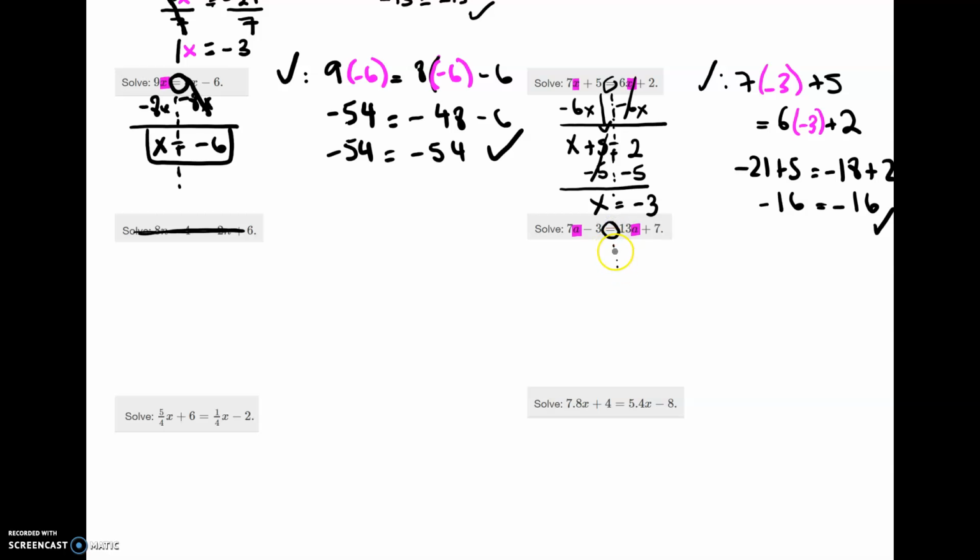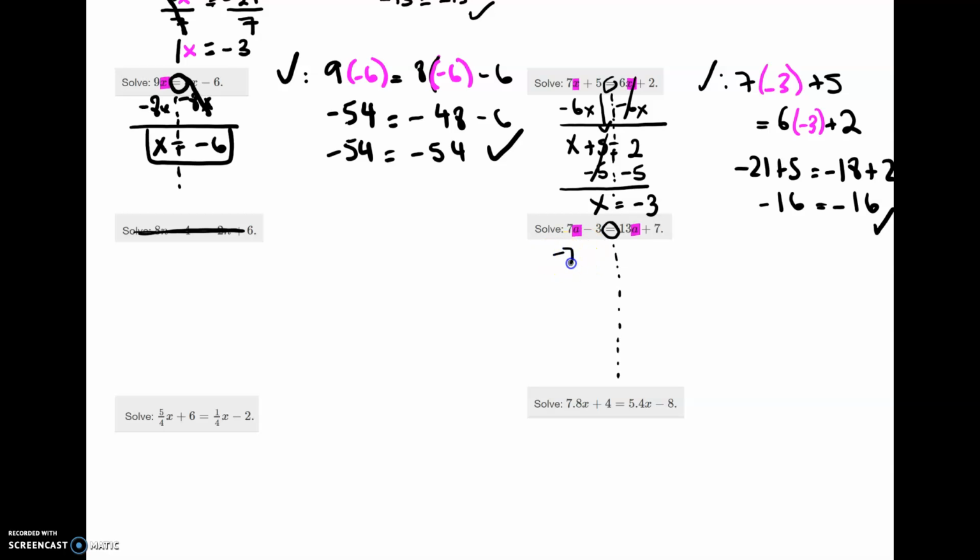So again, I'm going to circle, I'm going to do this imaginary dotted line, and I am going to get something over to the other side. And in this case, I'm going to get that 7a over to the other side. And you could do it the other way around, that's fine. That is absolutely okay.